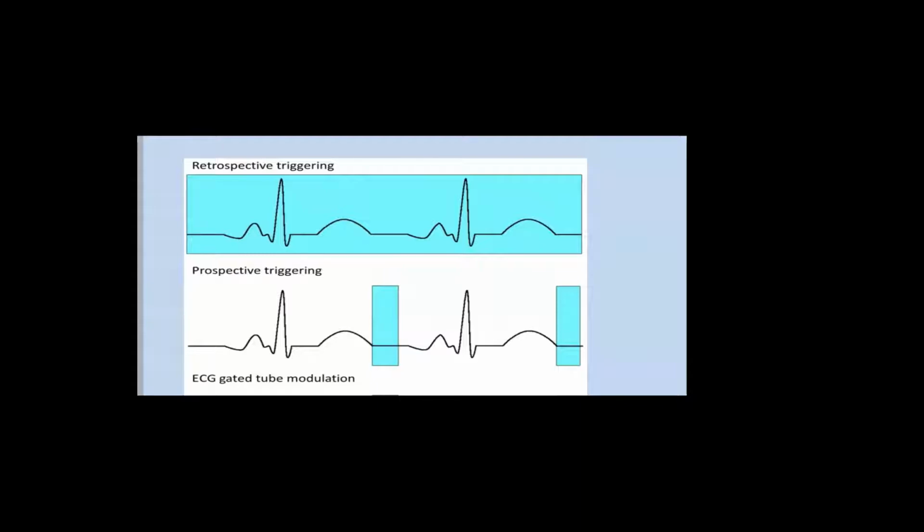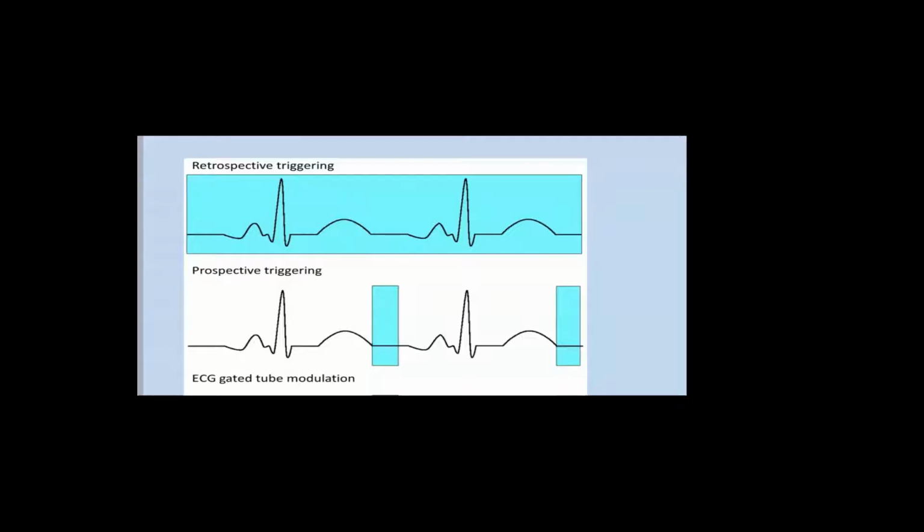That's why you see this color, it's always scanning. Now, prospective gating, the machine is triggered at a pre-specified point in the cardiac cycle and is shut off during the rest of the cardiac cycle. This is called prospective gating.